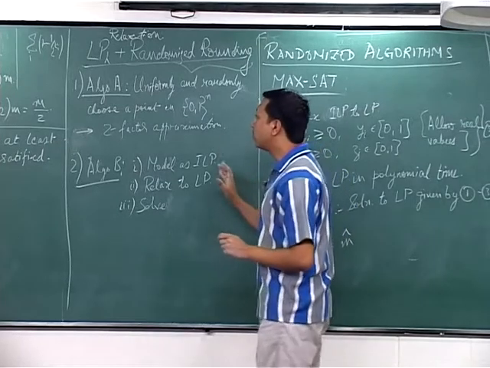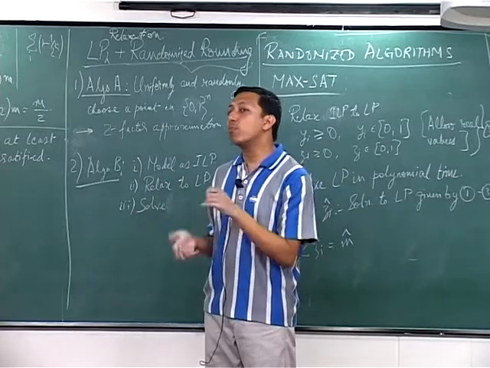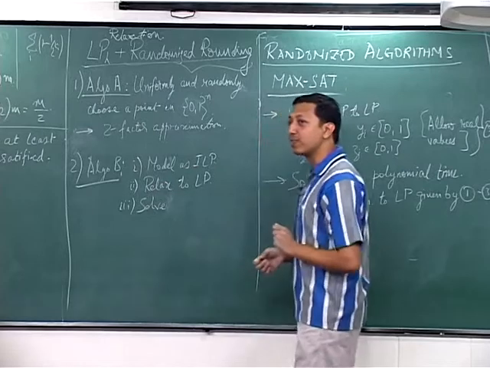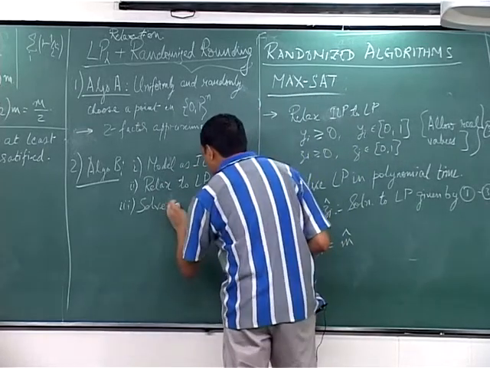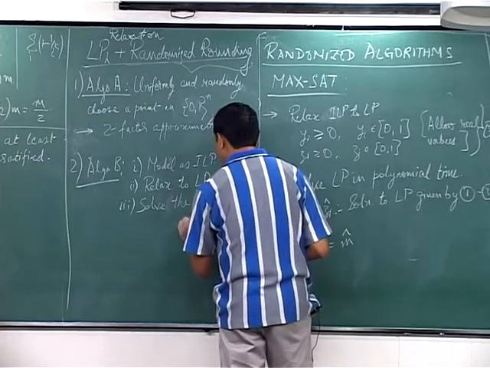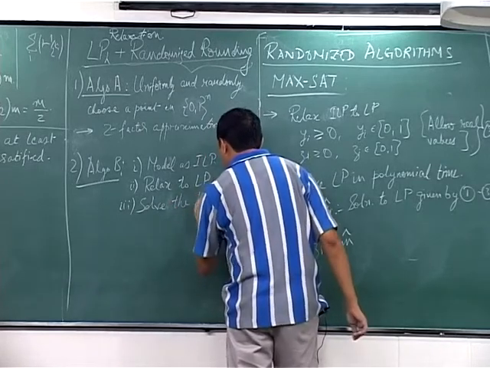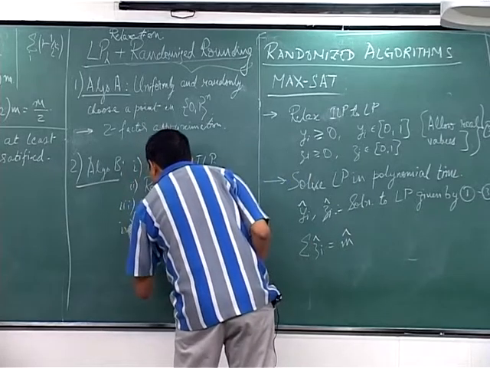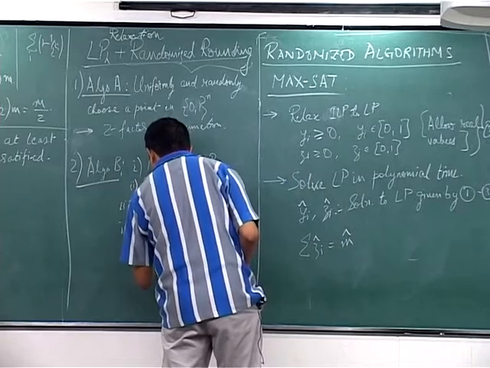That's known to be polynomial time, but it's so complicated that in practice the exponential-time one is easier to implement and it works faster. But anyway, you take either one of those or whatever you want, you solve the LP, and you finally do randomized rounding.